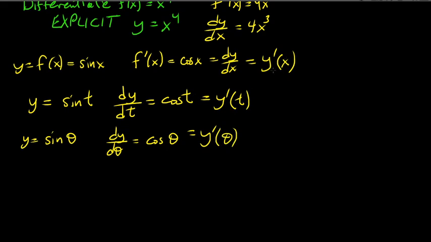Unless you write y prime of x or y prime of t or y prime of theta, just writing y prime sort of obscures what the independent variable is. I don't like the y prime, but within the context of the problem, it's okay. Just realize that it means three different things in these three cases.